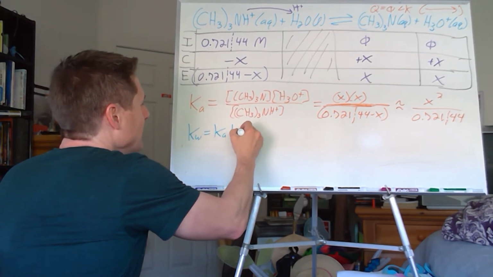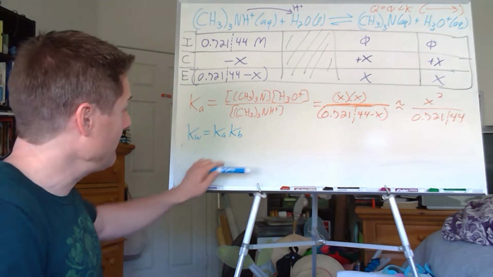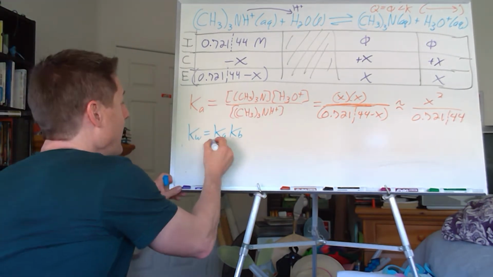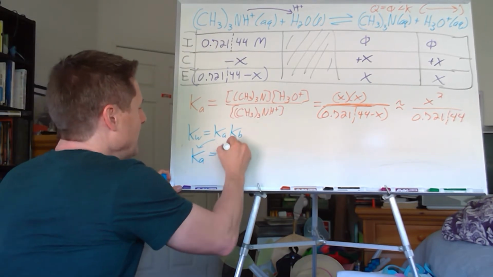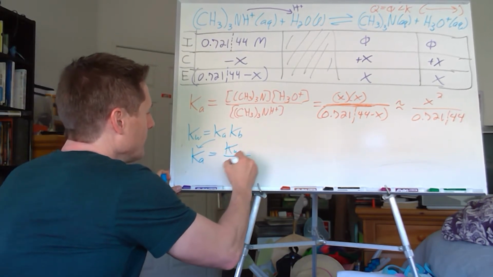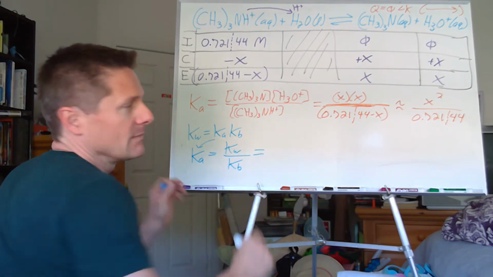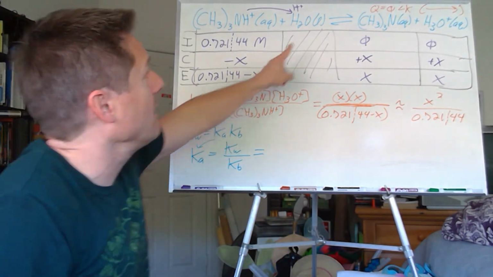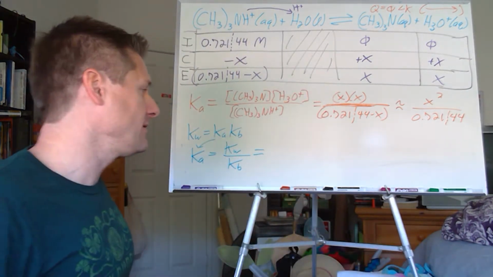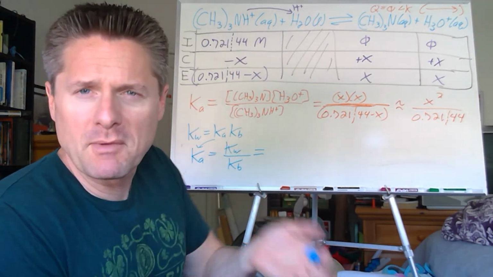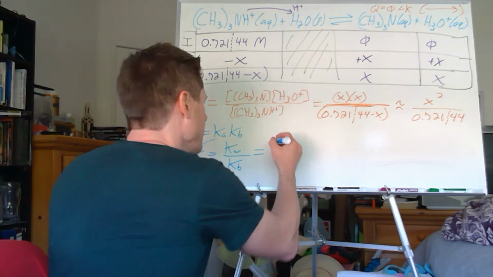Kw is Ka times Kb, right? I don't know the Ka. So the Ka for that will just be Kw over the Kb of the conjugate you form. So Kw, if you don't remember, I'll give that to you on an exam.